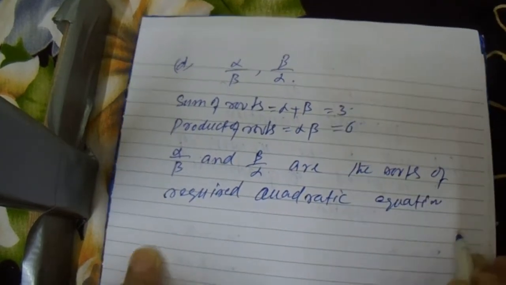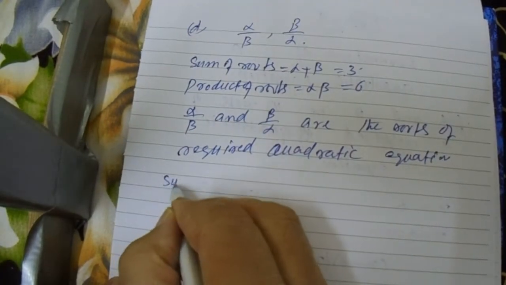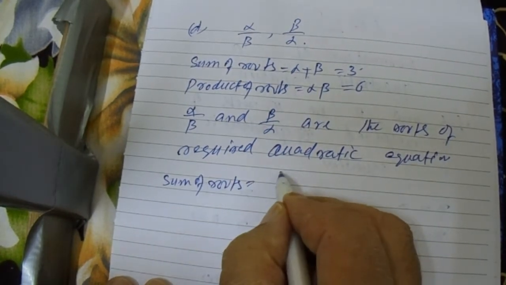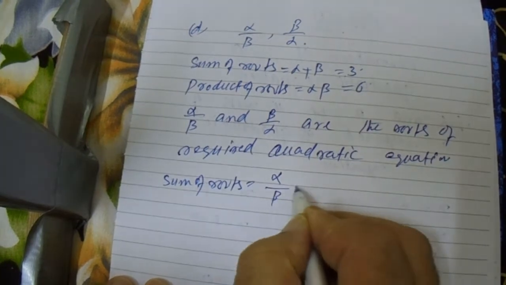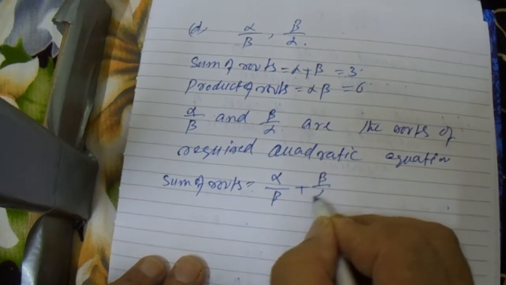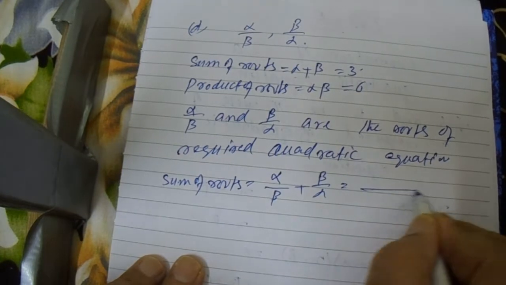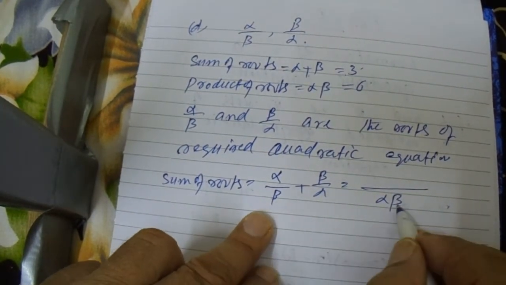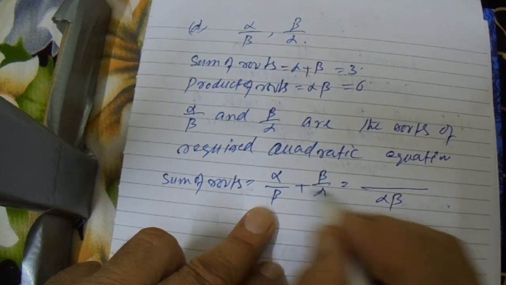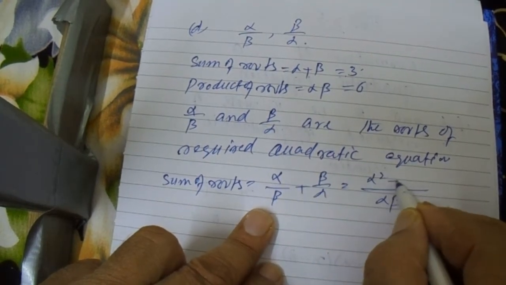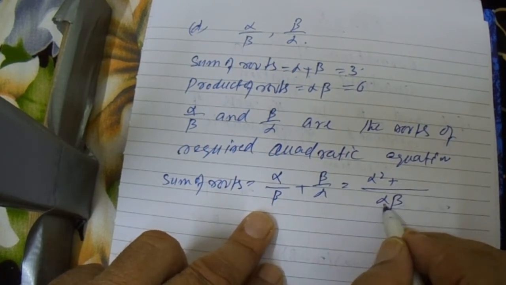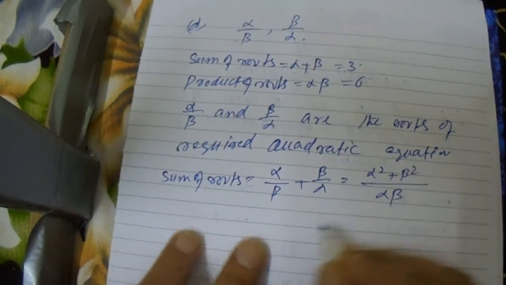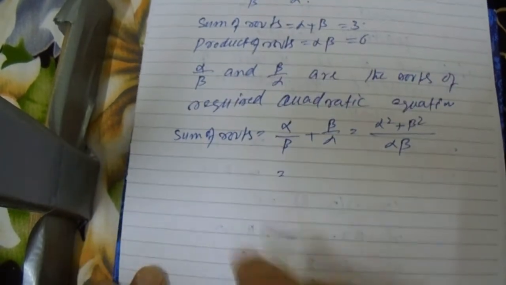Now we find the sum of roots, which is equal to alpha over beta plus beta over alpha. Now we take the LCM alpha beta. Beta is divided here, we get alpha multiplied by alpha, alpha square, plus alpha divided by alpha we get beta, and beta multiplied by beta is beta square.